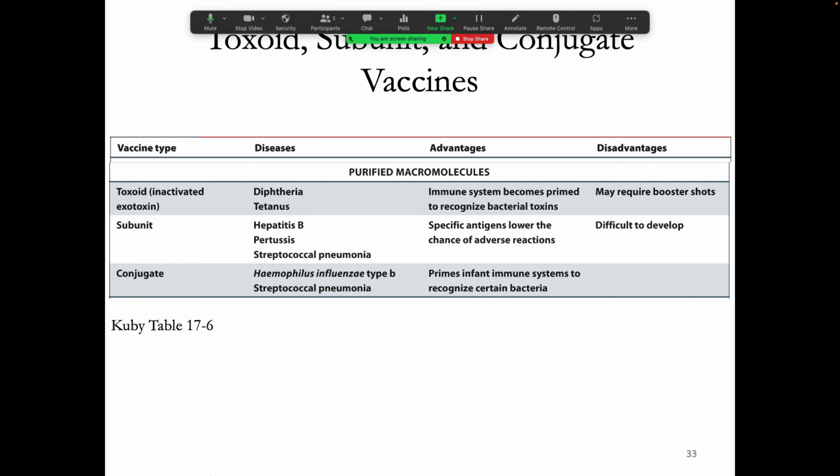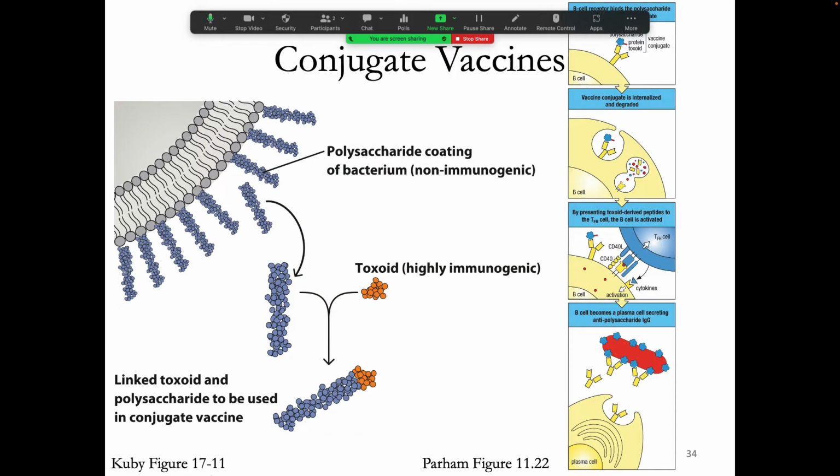With a conjugate, again, we are going to give you a piece of the microbe. And in the case of a conjugate, the piece of the microbe is a polysaccharide, a carbohydrate. Pretend this doesn't say toxoid right there.